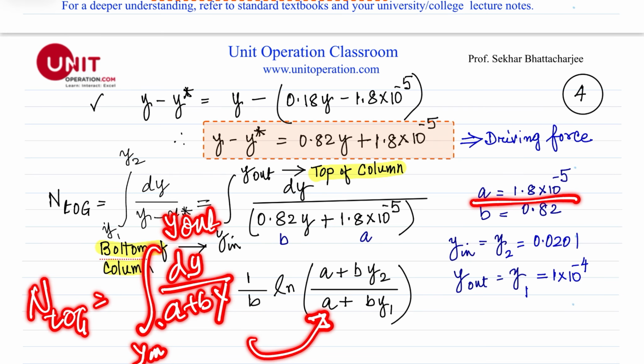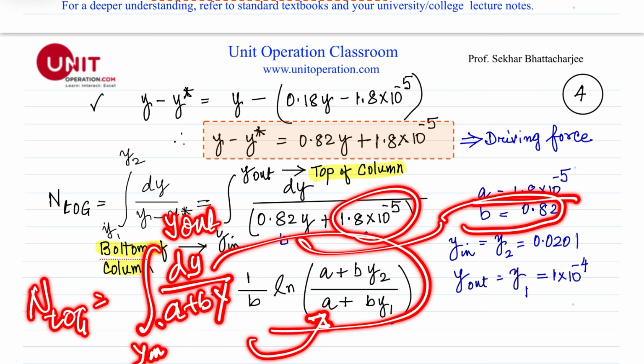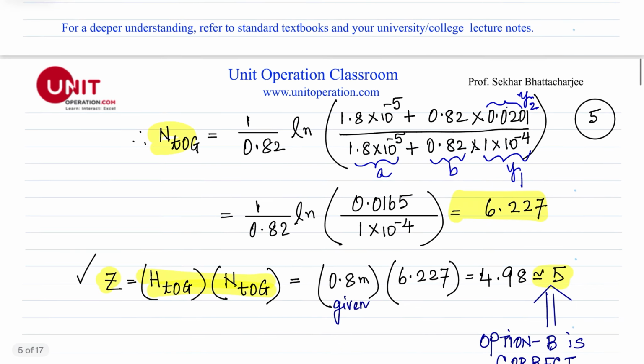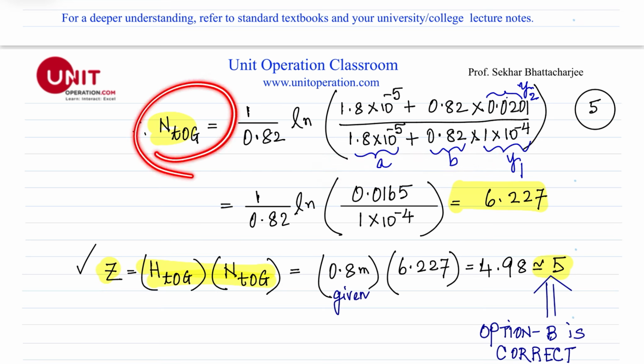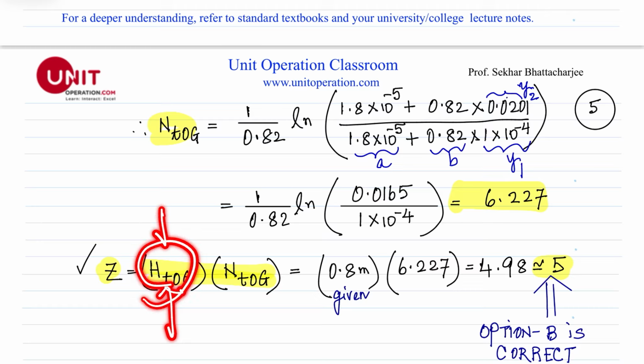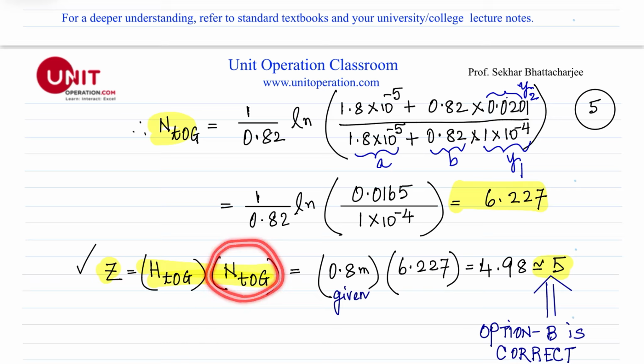A is the value right here, and B is the value right here, and this is the integration value. If we substitute the values, as shown again in this website, you'll find that NTOG is equal to 6.227. Now, HTOG is already given. We'll discuss this concept a little bit. NTOG is the number of overall transfer units, that means the transfer is based on the overall driving force.